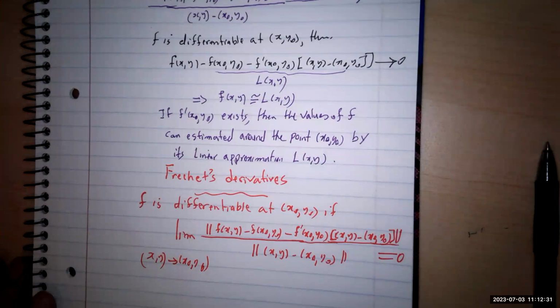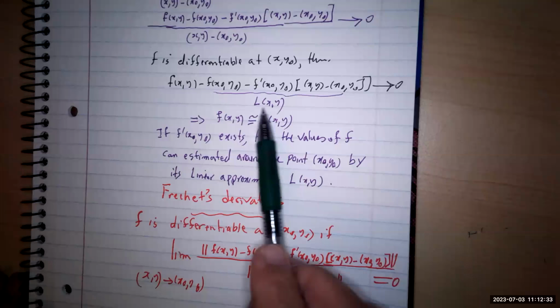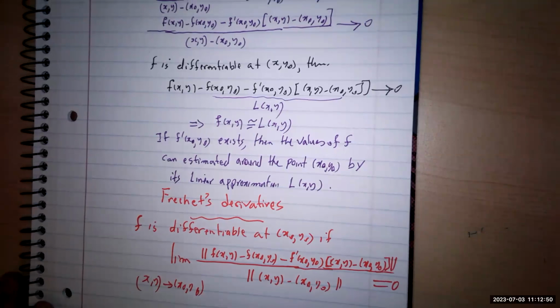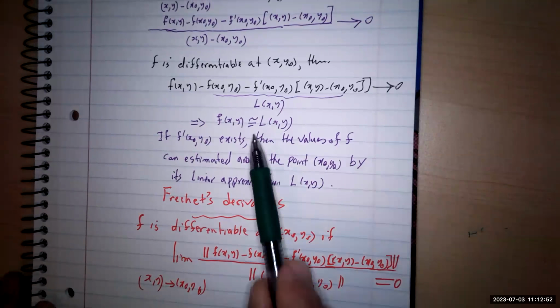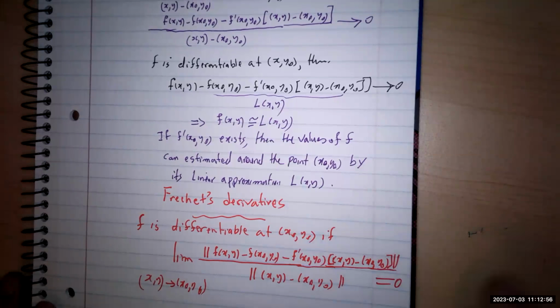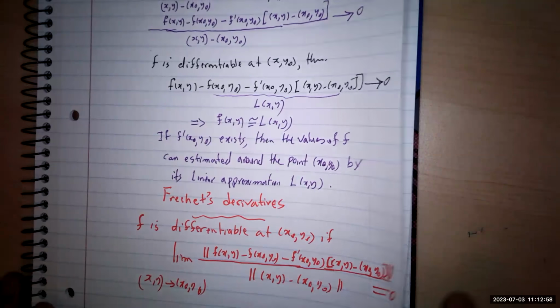So what we're going to do, we are going to define this linear approximation. We are going to change it a little bit to the format that we can use. We write it down in terms of the partial derivatives and be able to do it. So that was the motivation. I need to create the linear approximation for a function of two variables to be able to get the definition.